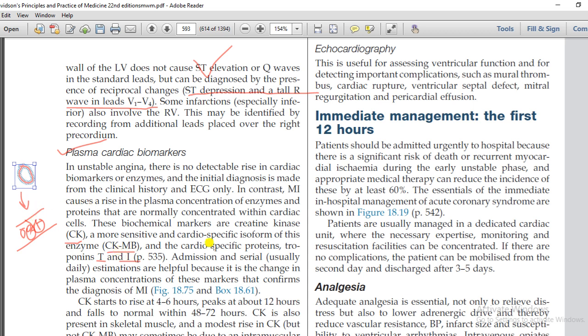Admission and serial estimation are helpful because it is the change in plasma concentration of these biomarkers that confirms the diagnosis of myocardial infarction.